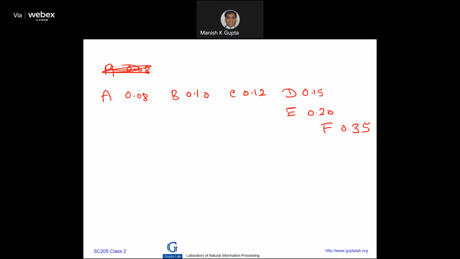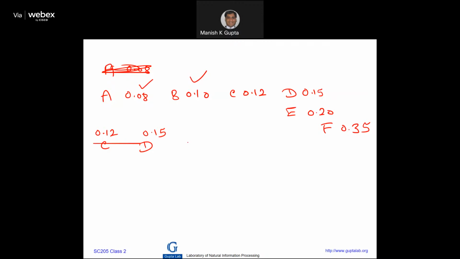So what I do is look at all of them. Which ones have the lowest frequency? You can see that 0.08 and 0.10 are the lowest frequency, so I'm going to combine them. In the next step, I'll write C as it is, which is 0.12, and then D, the next one, 0.15.